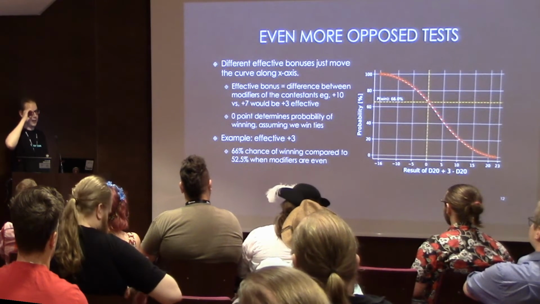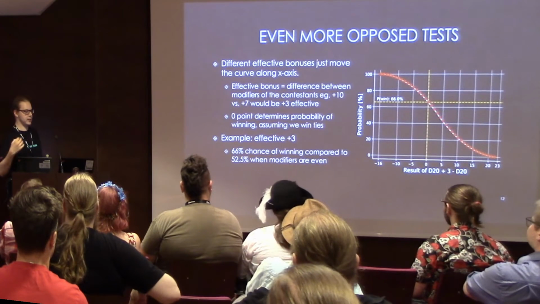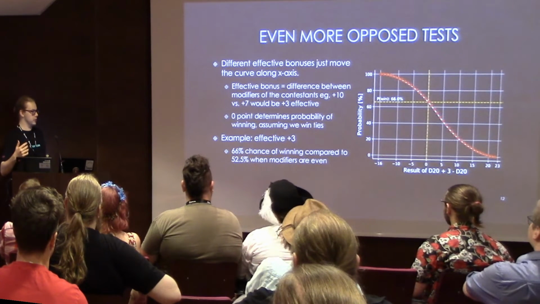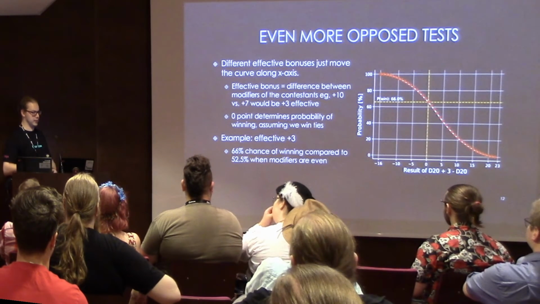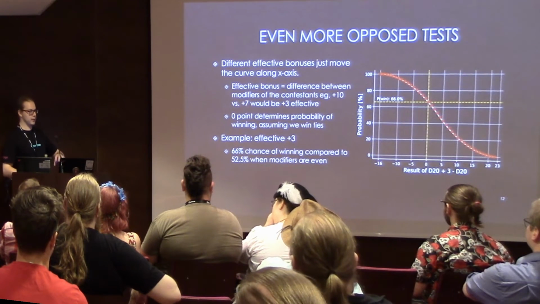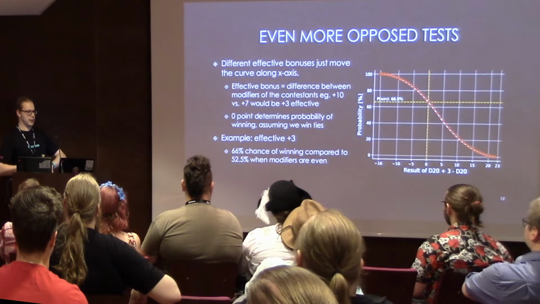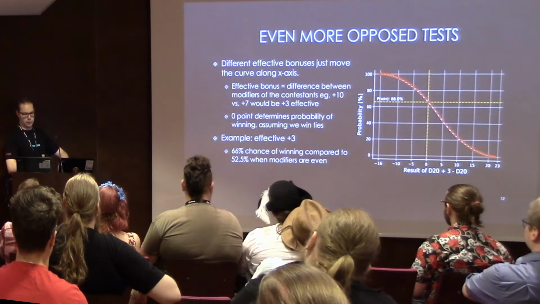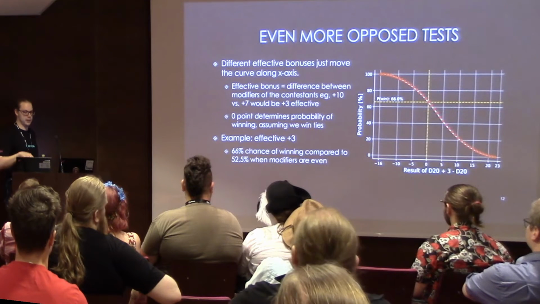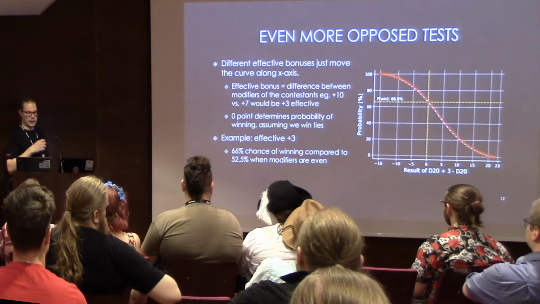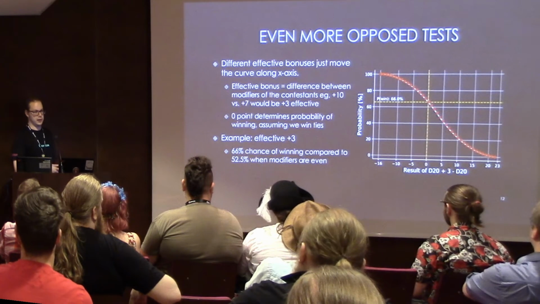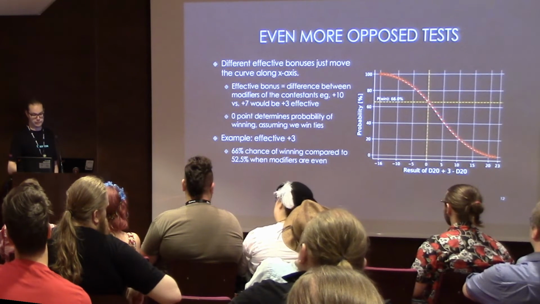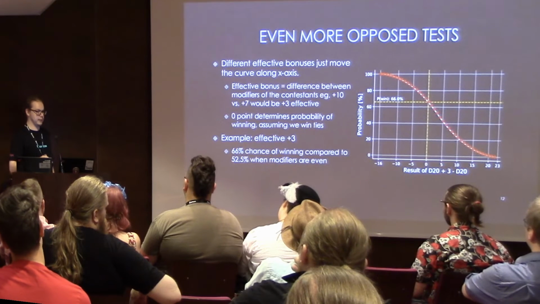The act of adding modifiers does nothing to the act of rolling dice. So the probabilities of each outcome are still the same, but what changes is what happens on every outcome. So for example, I here have an example where we have a bonus of +10, and our opponent has a bonus of +7, and this of course translates to an effective modifier of +3.